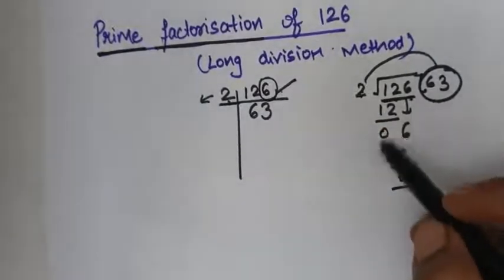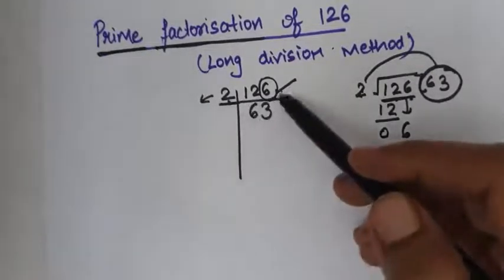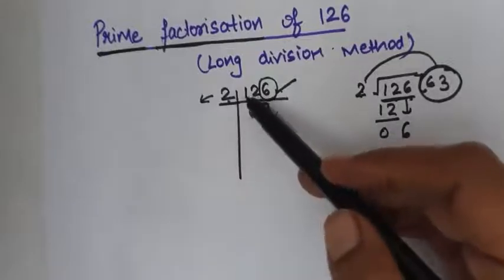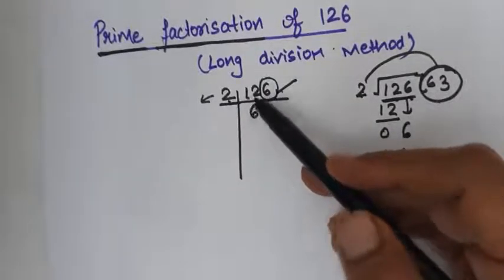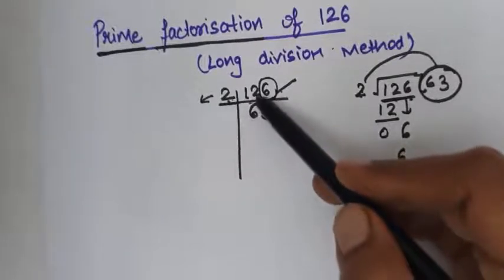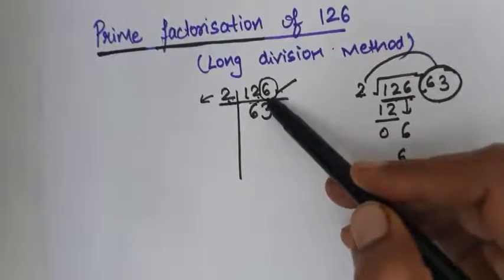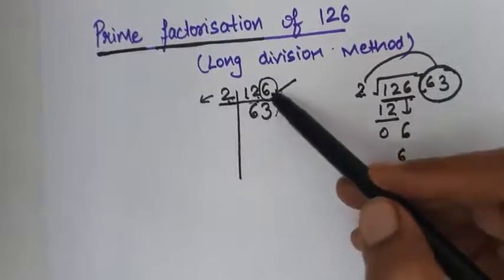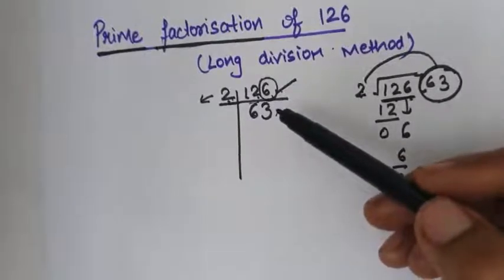If you don't want to do the division part, you can also write directly. See here, 1 is not coming in the table of 2, so we will take 2 digits. 2, 6 is 12. Now we are left with 6. 2, 3 is 6. Clear? You can also do it like this.